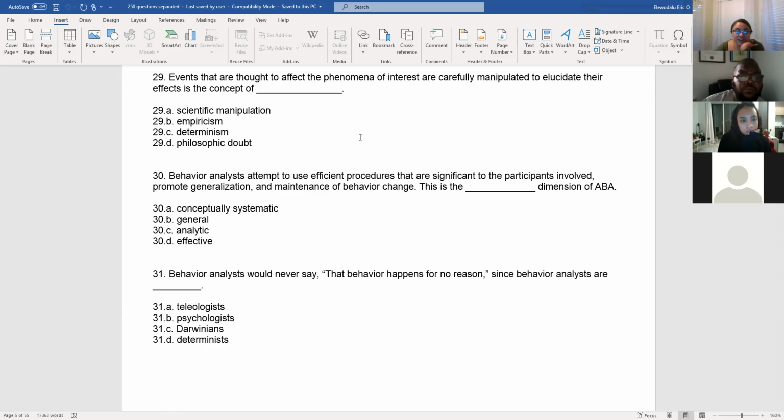Yeah, that's what you mean by the phenomenon of interest. And they kind of use the key words carefully manipulated. So that's really what it is. If they had experimentation, I would have gone with experimentation, but I don't know. 29 is scientific manipulation.